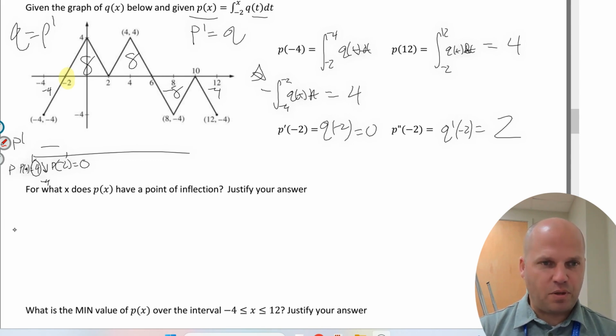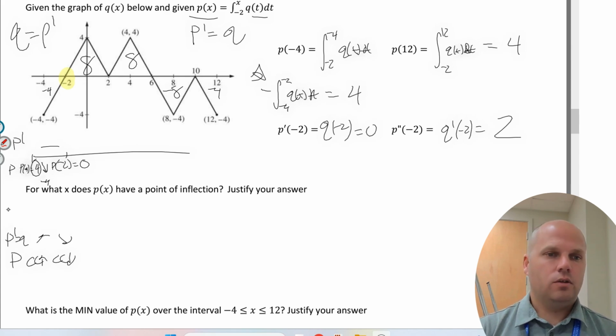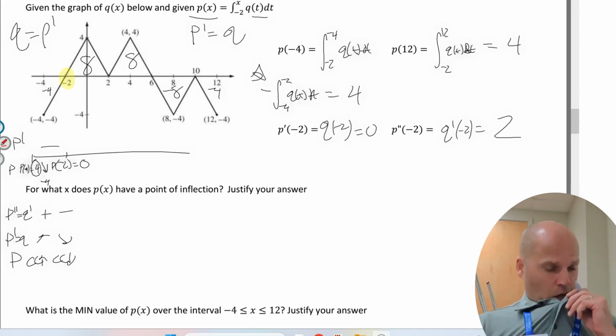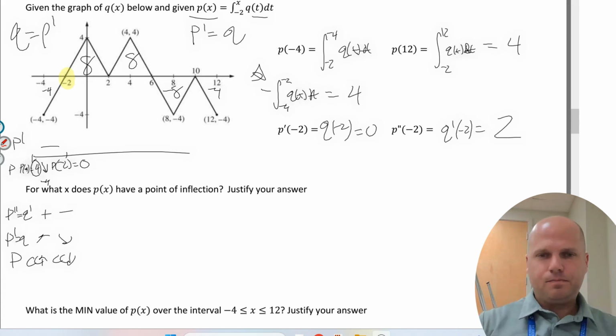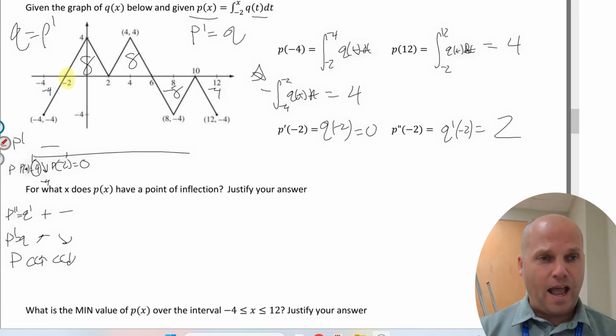So points of inflection of P, when P changes concavity, will be when P prime, which equals Q, changes direction, or when the slopes of P prime or the slopes of Q change signs. So I have the graph of Q, which is P prime.